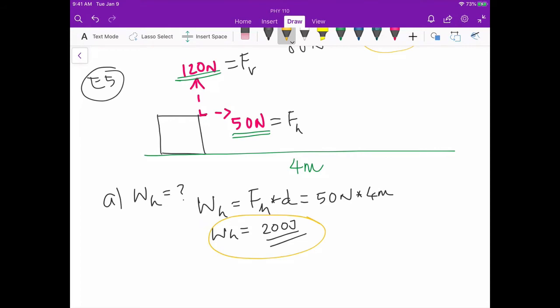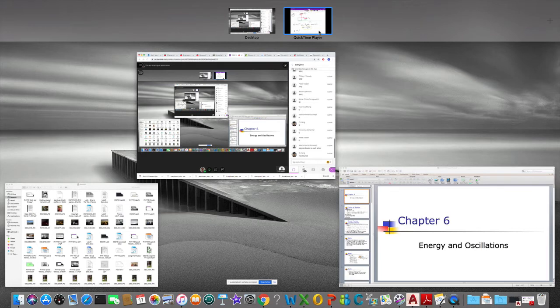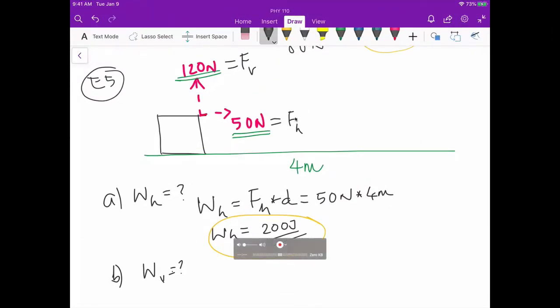Now part B is asking, how much work is done by the vertical component? Because the vertical force is perpendicular to the distance. The vertical force is acting perpendicular to the distance, because the object moved along the floor in a straight line.